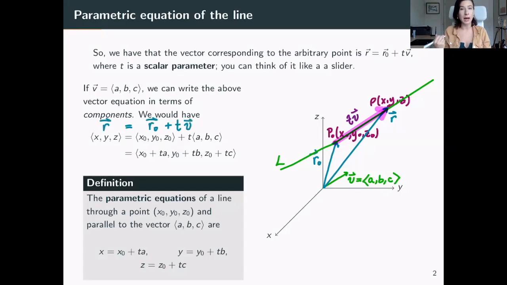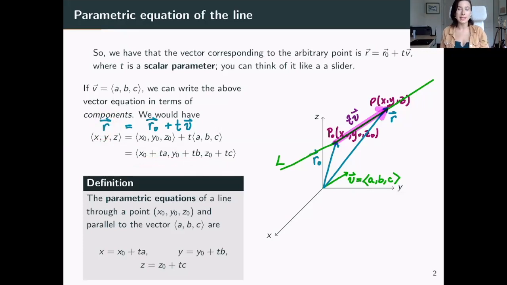R was given by x, y, z. R0 was given by x naught, y naught, z naught, and v by a, b, c, which then, after we do our vector addition, gives us that our vector r is equal to the following: x naught plus ta, y naught plus tb, z naught plus tc.